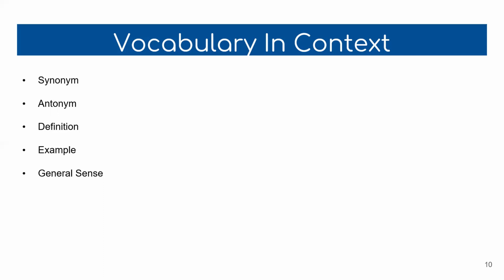And with a definition, authors sometimes give a series of examples as to further explain the unfamiliar word. But then if it is a concept and not just a single word, authors will use a general sense to help readers understand the unfamiliar phrase.